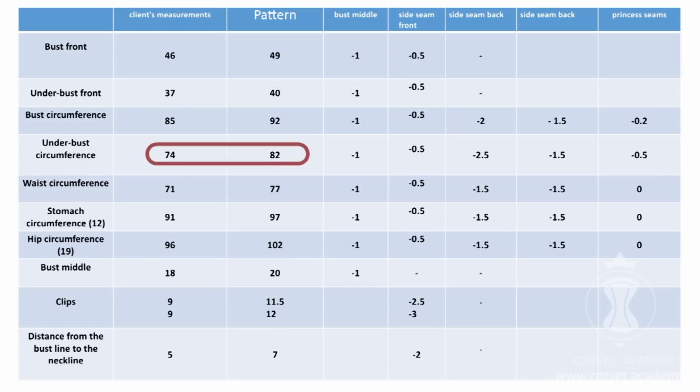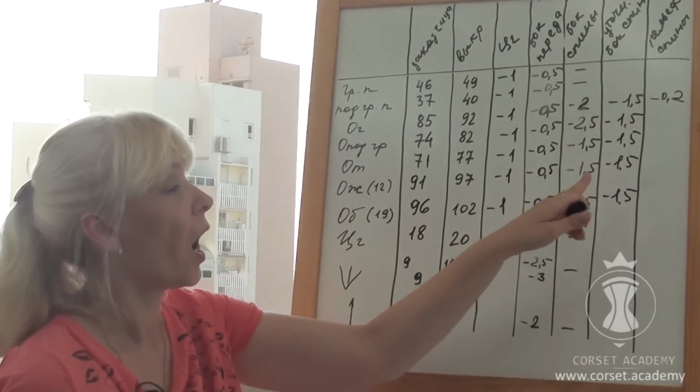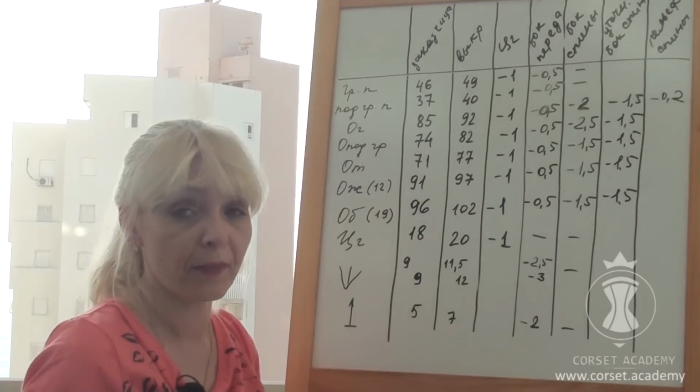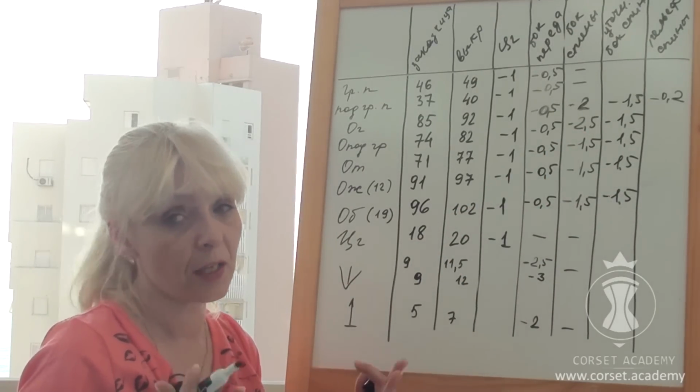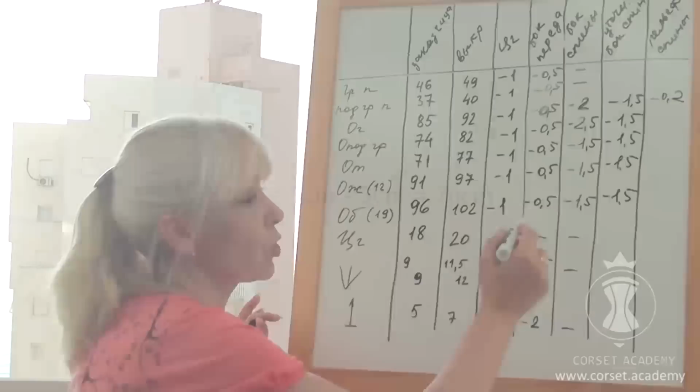Under bust circumference. 74 centimeters on the client and 82 centimeters on the pattern. I have reduced the standard pattern by 3 centimeters: 2 centimeters in the bust middle and 1 centimeter along the side seam of the front, and by another 3 centimeters along the adjusted side seam of the back. 82 centimeters minus 3 centimeters minus 3 centimeters equals 76 centimeters. 74 centimeters minus 76 centimeters equals negative 2 centimeters.